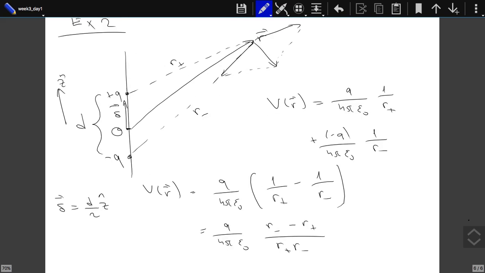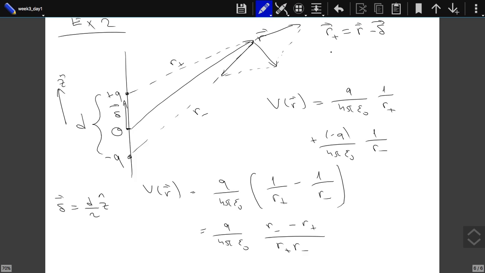Now, if you look at these vectors, r plus vector is nothing but r minus delta. If you take the minus delta vector, that is this vector pointing from the positive charge to O, then you add the vector from O to our observation point, so that is nothing but the r plus vector.